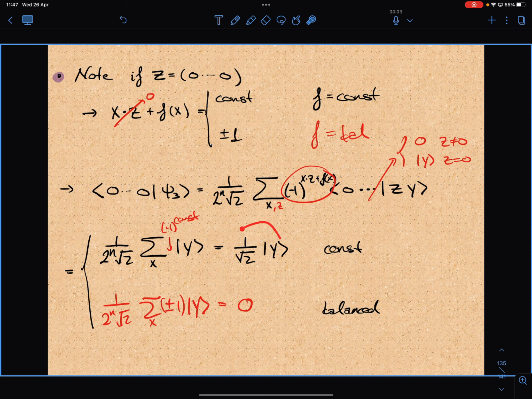So the measurement of psi 3 turns out that psi 3 is just 0, 0, 0, y. And in the balanced case, we see that the component of 0, 0, 0, y is going to be equal to 0. So in this case, we're able to tell and measure.